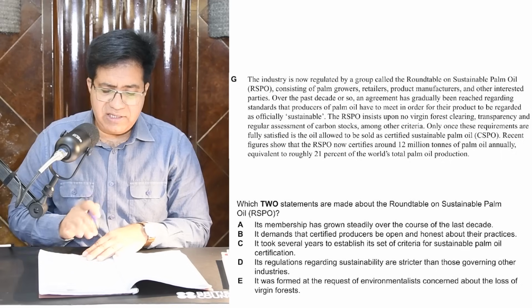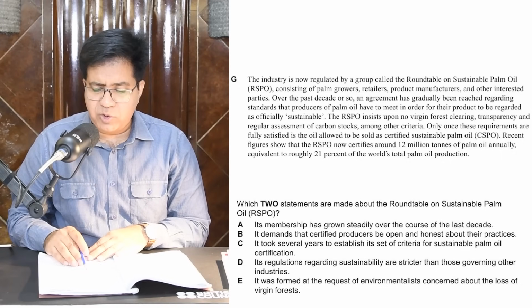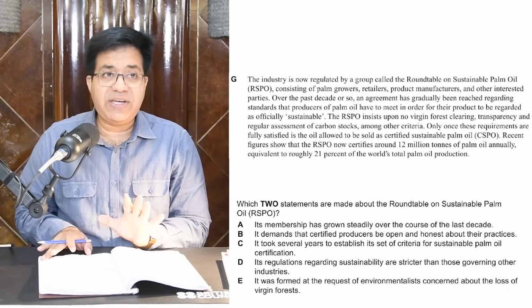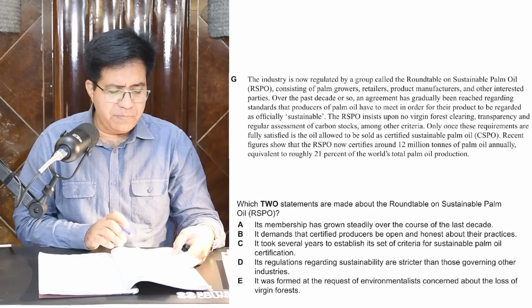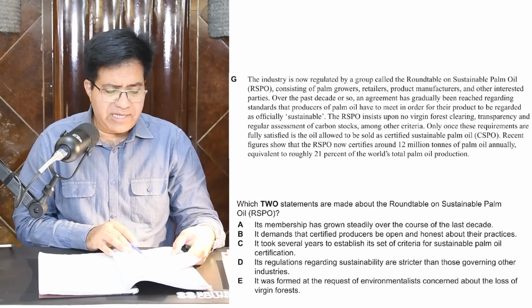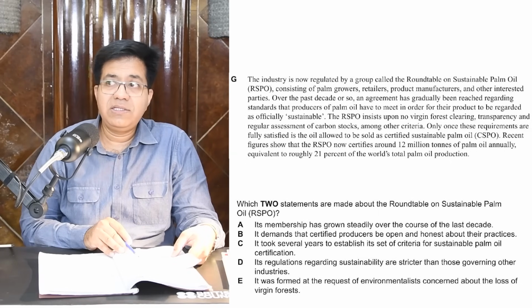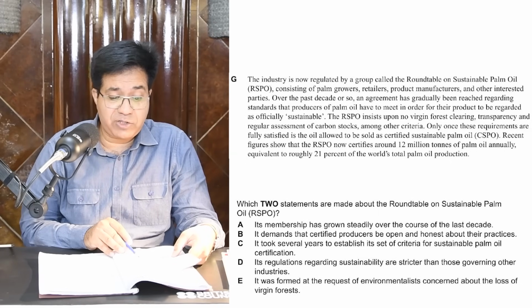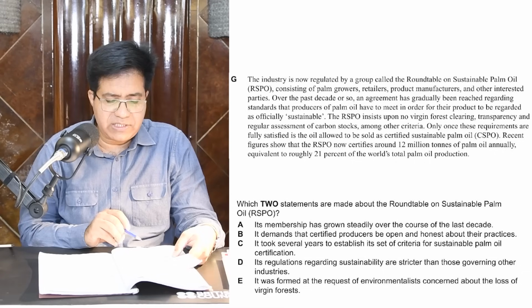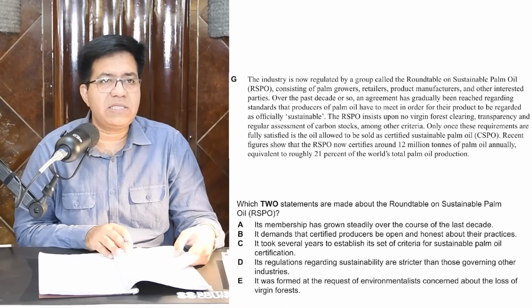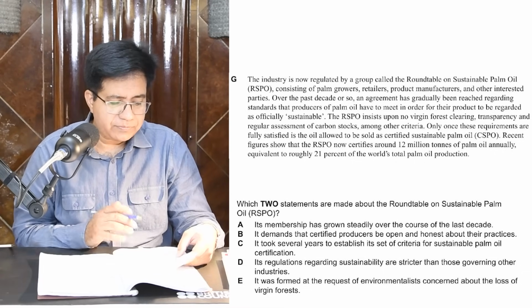That is several years. Exactly. Over the past decade or so, an agreement has gradually been reached regarding standards. So that is option C. It took several years to establish its set of criteria. What is set of criteria? Standards, exactly. Set of criteria for sustainable palm oil certification. So second correct answer is option C.